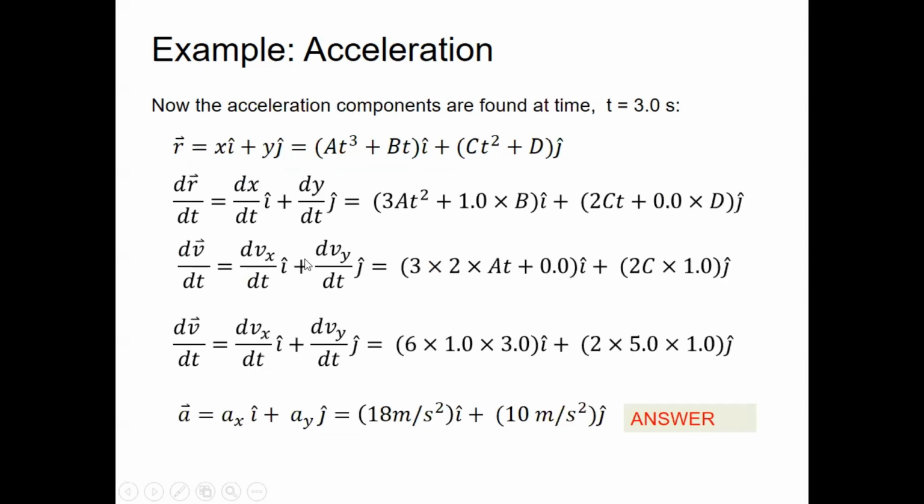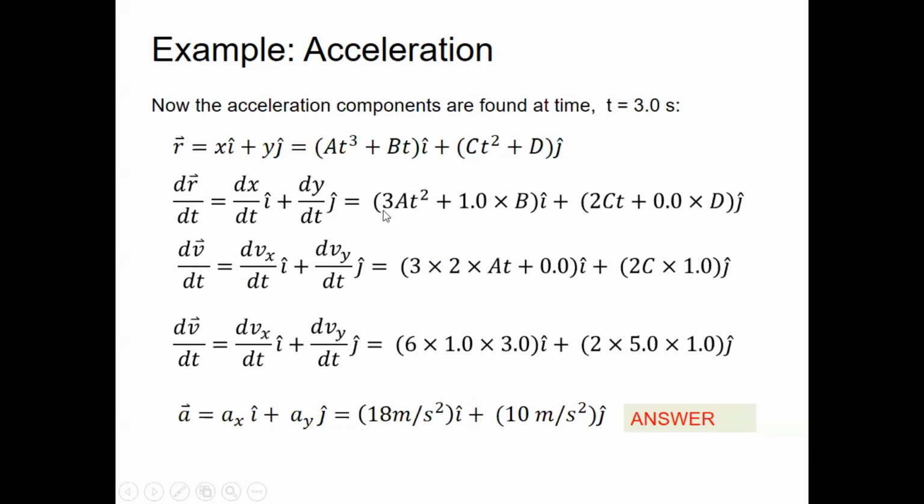Now we come to the acceleration part. dr over dt gives us the velocity, but dv over dt gives us the acceleration. So dvx over dt and dvy over dt are the acceleration components along the x-axis and along the y-axis.